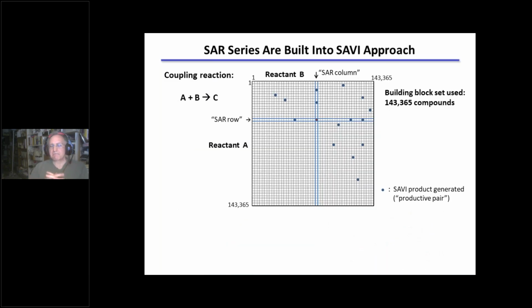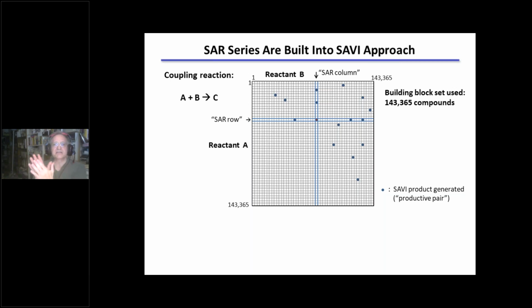Another nice built-in feature is that you automatically have SAR series in the SAVI approach. Not just the SAVI approach, a lot of these ultra-large spaces have that property. But if you think you have essentially a matrix, in this case, we have 143,000 actually matching molecules. And so there are actually only a few cells filled.